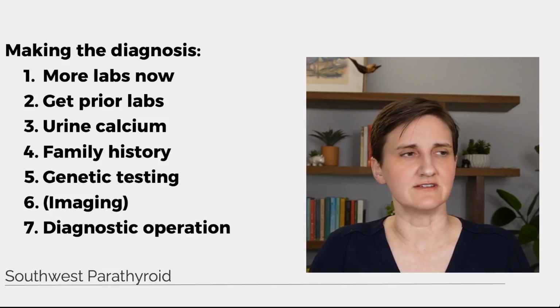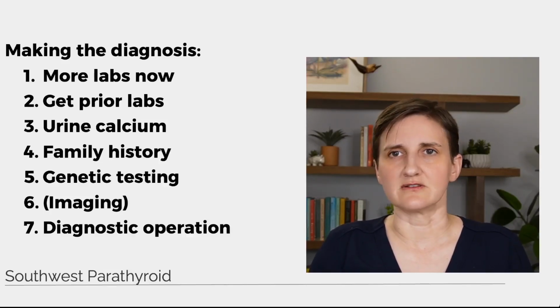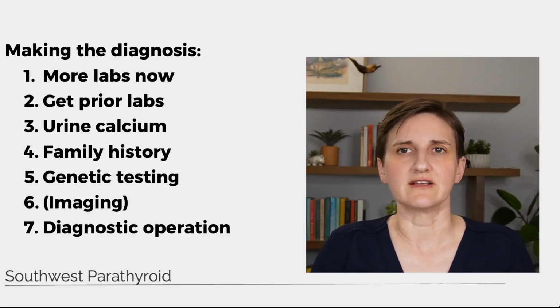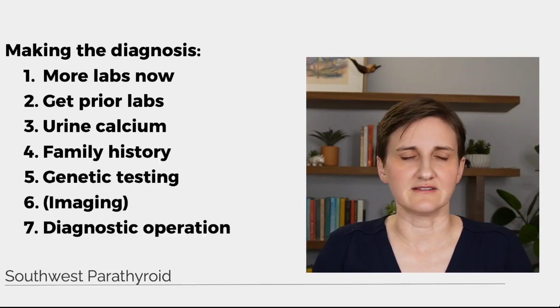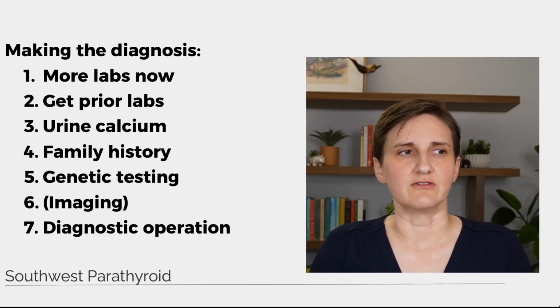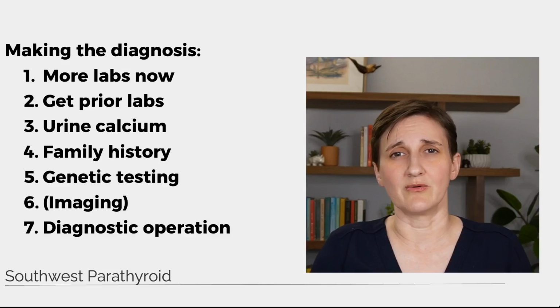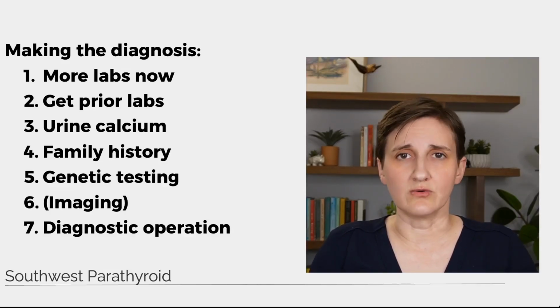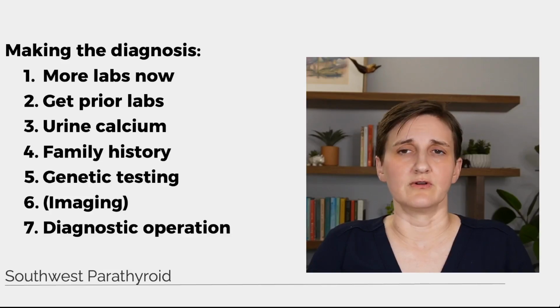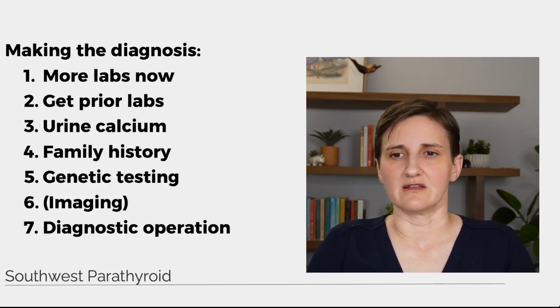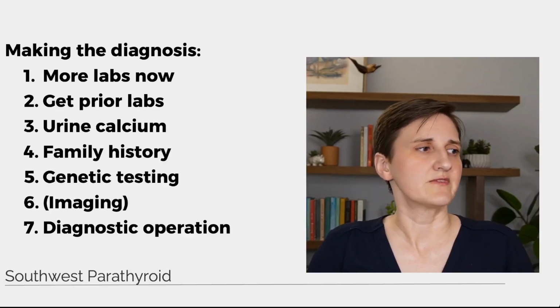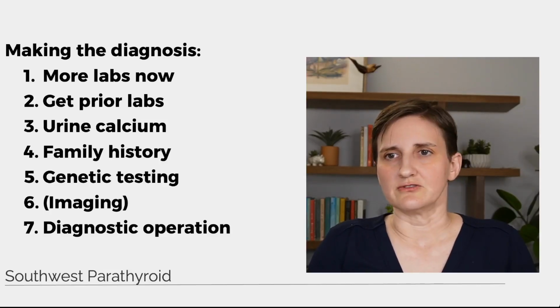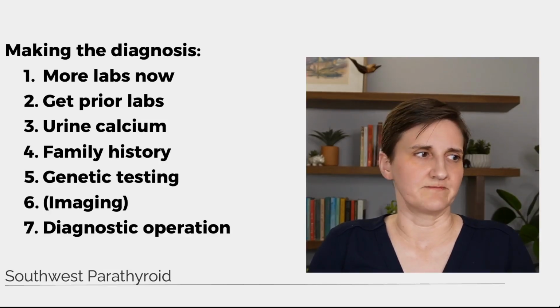I'm going to take out at least one gland that doesn't look like the others, because rarely are they all exactly the same size or exactly identical. You will find some variation in there. So I'm always going to go in and think, I want to make sure that I'm leaving in only perfectly normal parathyroid glands. I don't want to risk leaving in a tumor. So that's what I'm going to do during a diagnostic operation.